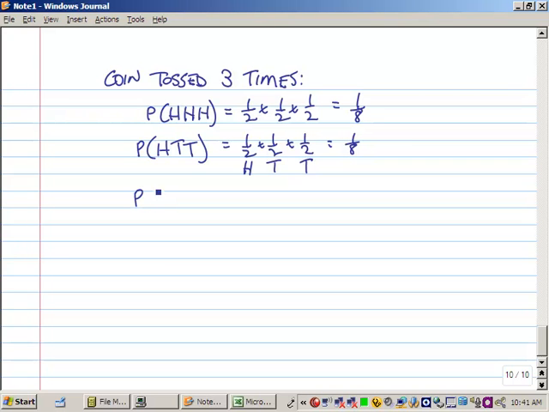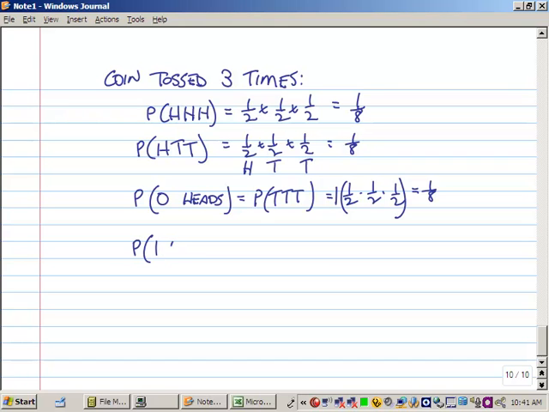So probability of 0 heads. Okay, 0 heads means there's only one way of doing that, right? Tail, tail, tail. Again, half times a half times a half. It's 1/8. But again, remember, this is one way of doing this times the probability of that one way. Okay?